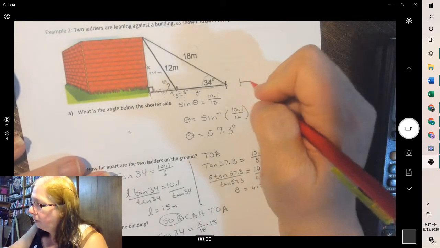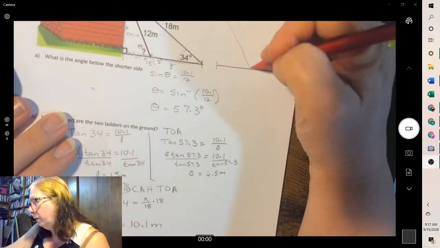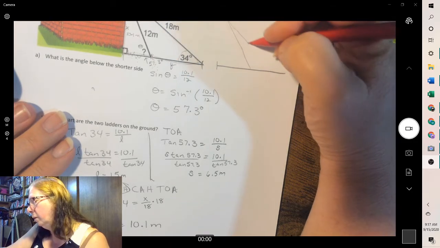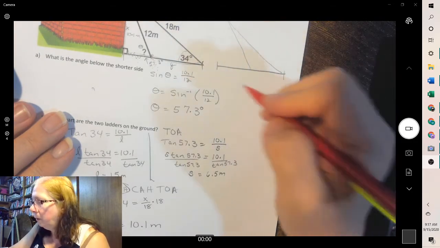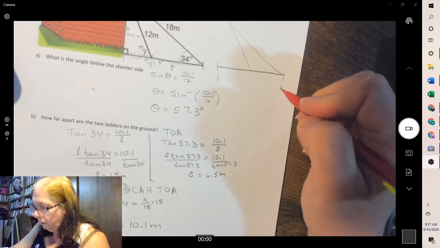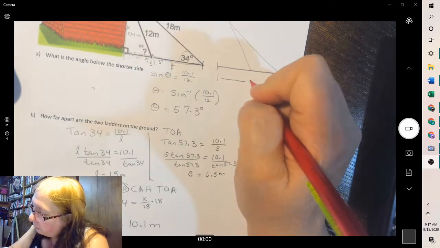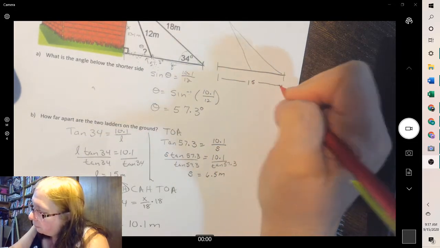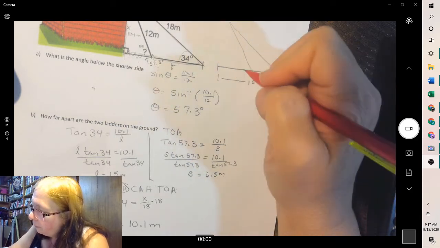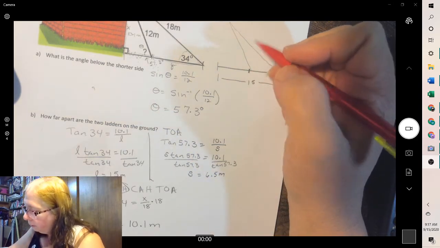So if you thought of this with our angles here, this whole distance is 15. This short distance is 6.5.